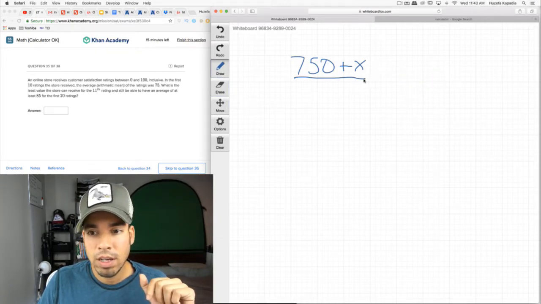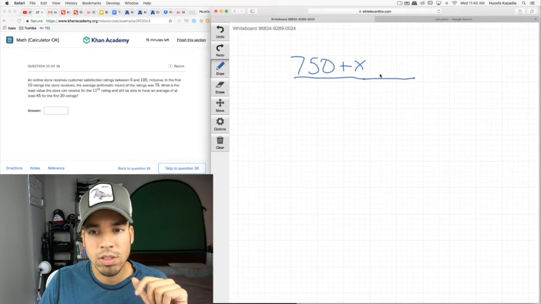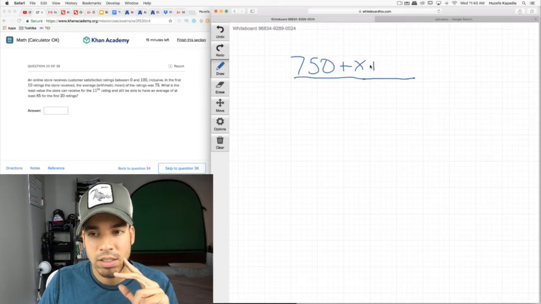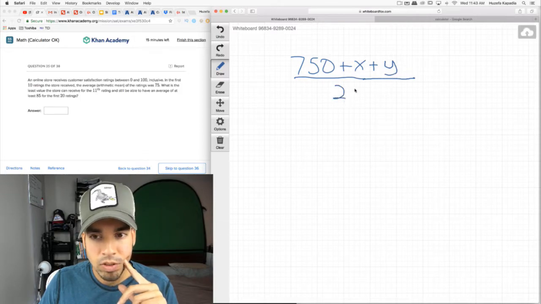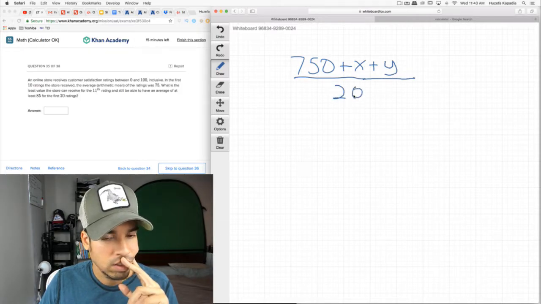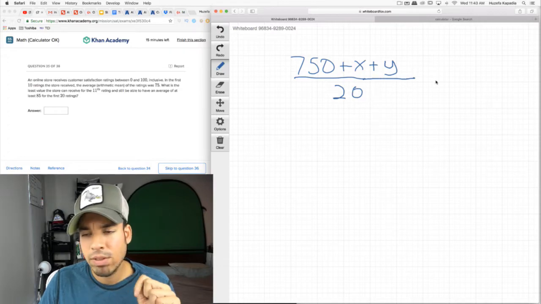Okay. So 85, so 750 plus x plus y, which will be the other 9, over 20. Hold on, 750. What is the least value for the 11th rating and still have an average of at least 85 for the first 20 ratings?